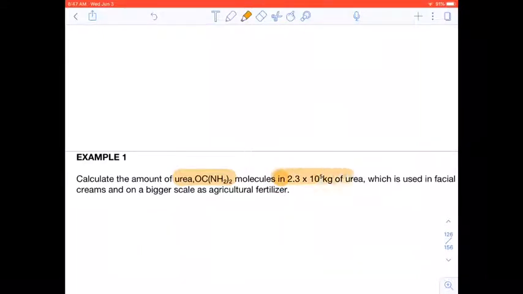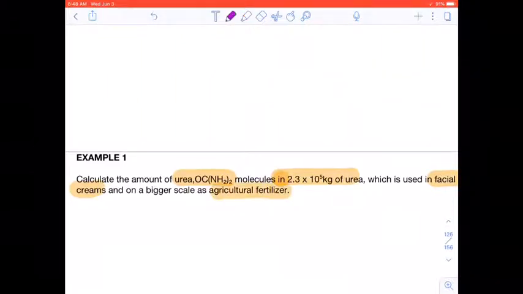In 2.3 times, we want to know the amount of urea molecules in that mass, which is used. It's actually used as a facial cream, and it's also used as an agricultural fertilizer.